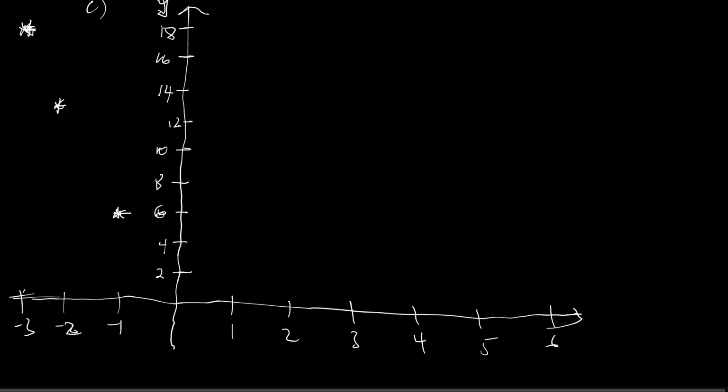When x is 0, y is 3. So 0, 3. Then 1, 2. Then 2, 3. Then 3, 6. Then 4, 11. Then 5, 18.